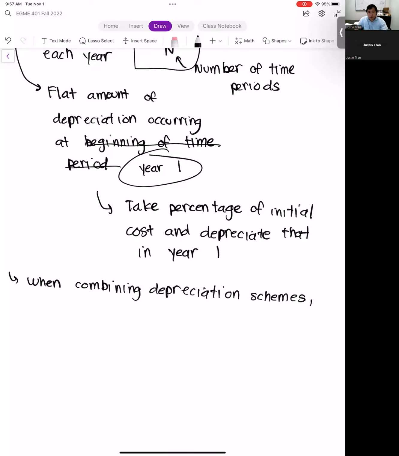When you're combining depreciation schemes, you need to make sure that when you add up all the depreciation, it doesn't exceed your initial cost. So there's a two-step process.